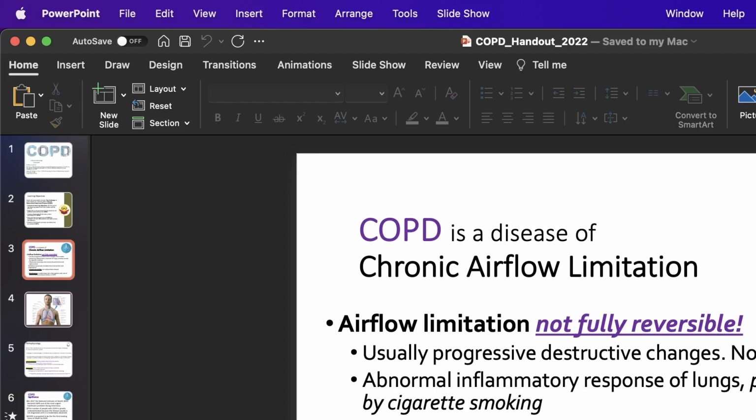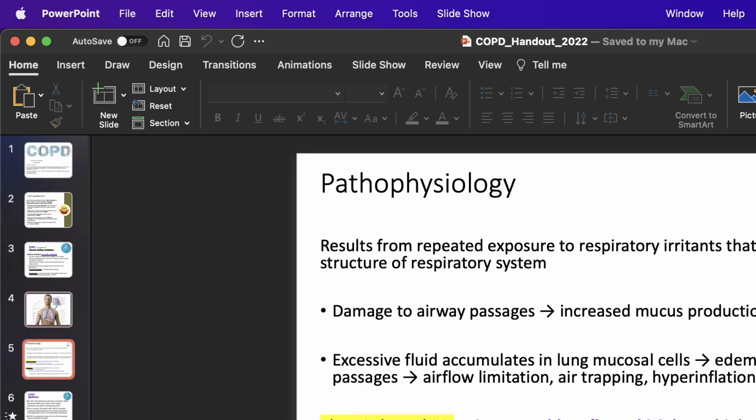For chronic bronchitis, the damage is really to the bronchi, the larger airways, as well as the smaller branches, the bronchioles, whereas emphysema is more the bronchioles and the air sacs.